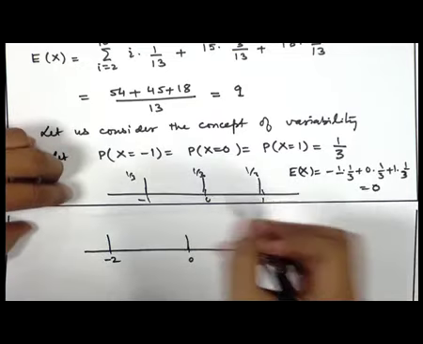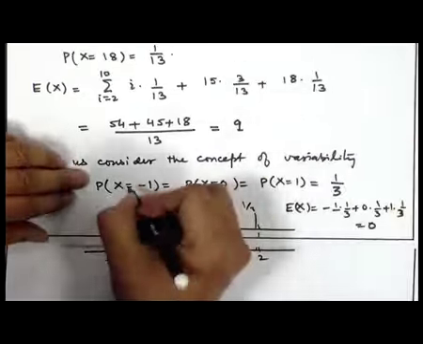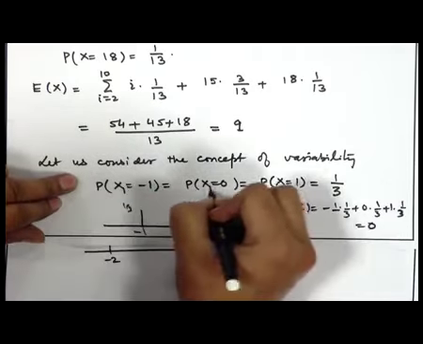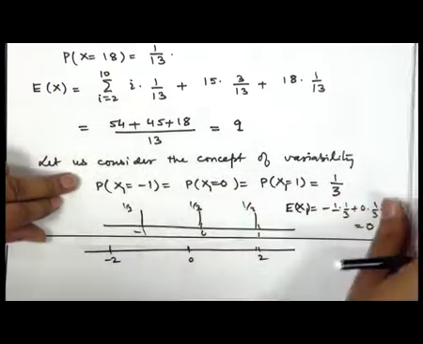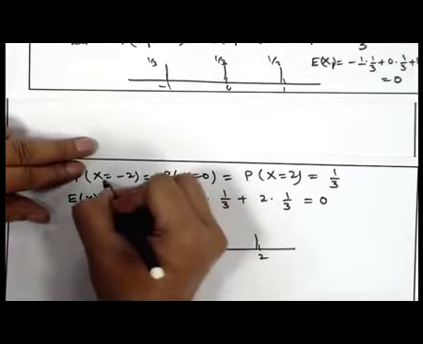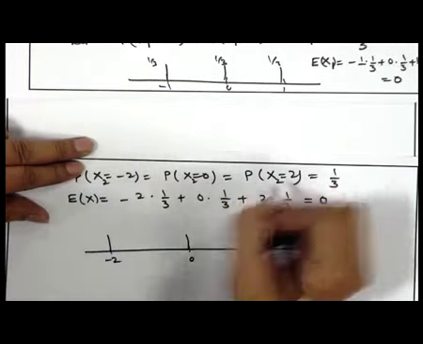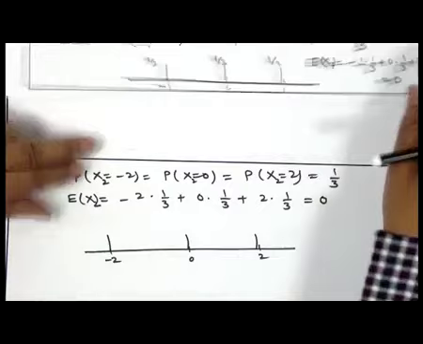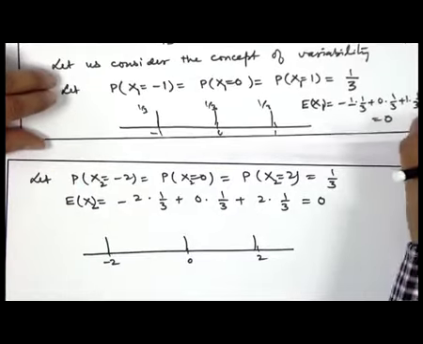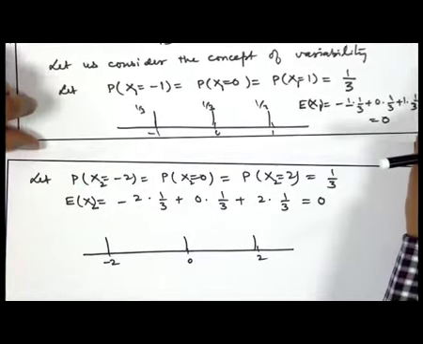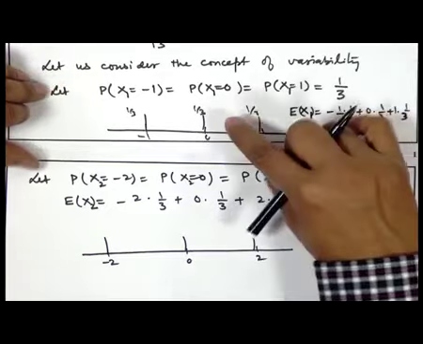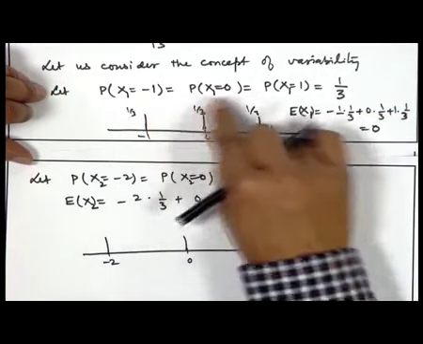Let me rename these variables. So, I call this x1 random variable, and this random variable I call x2 random variable. Then what we are observing is that expectation of x1 and expectation of x2 is 0, and the random variable x1 gives equal probability to -1, 0 and 1.